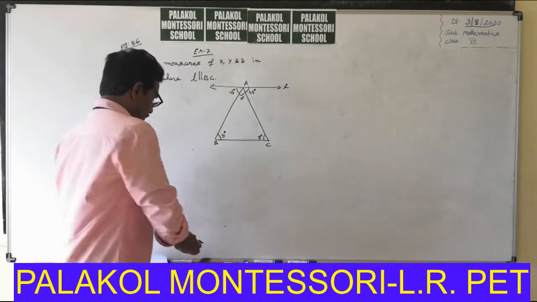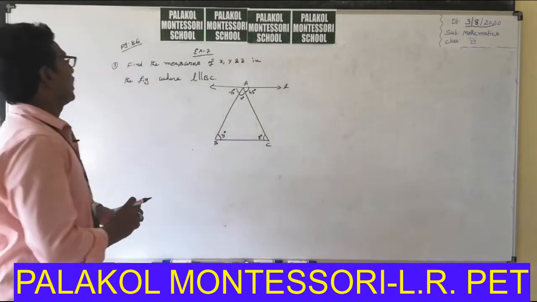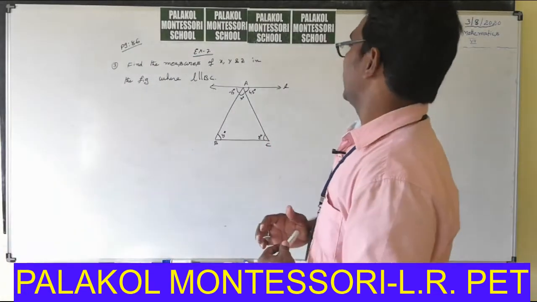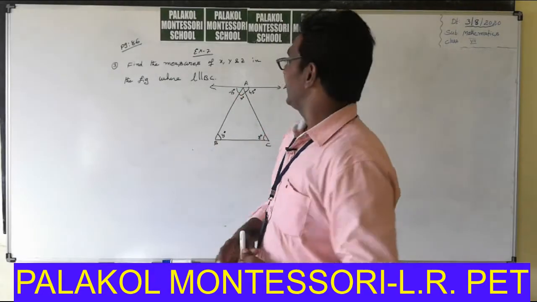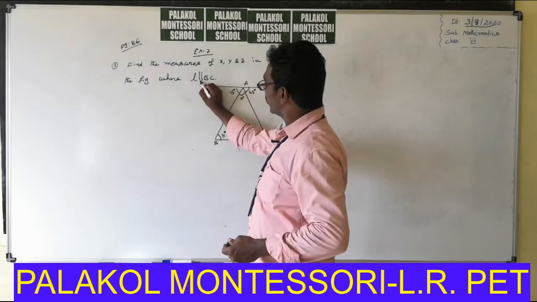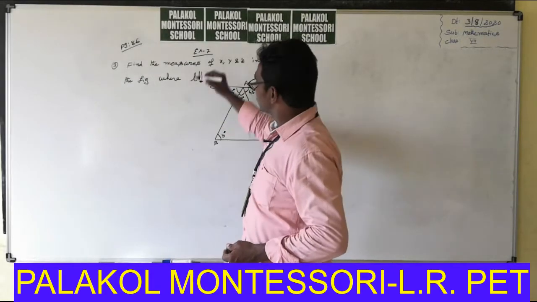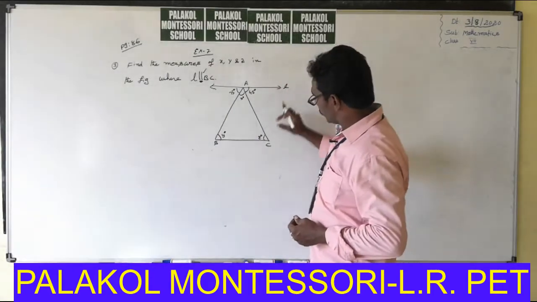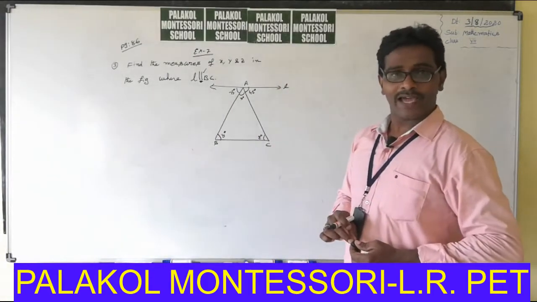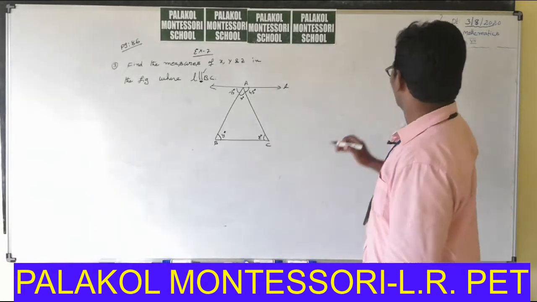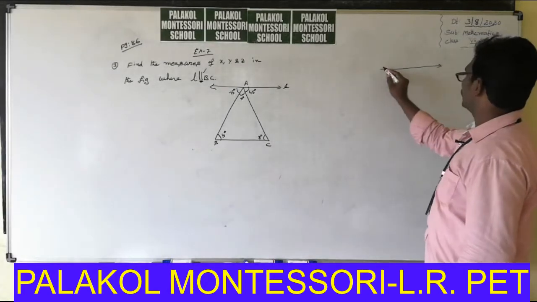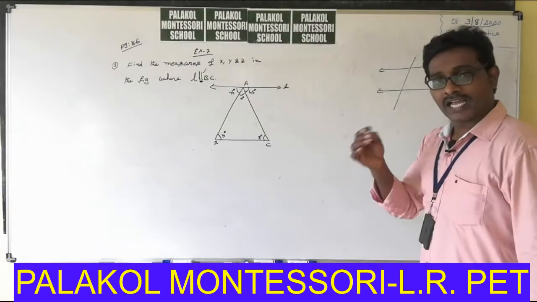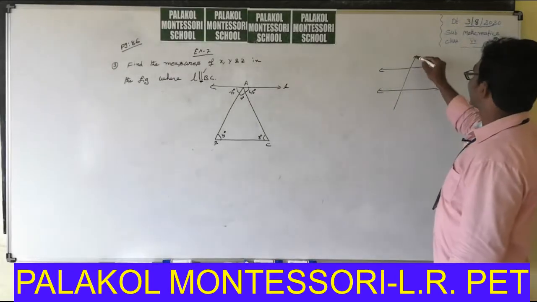Guys, it is a very important question. Find the measures of x, y, z in the figure where l is parallel to BC. I already told you that this symbol is called the parallel symbol. So line l is parallel to BC. Immediately remember the transversal law from part 1 and part 2.